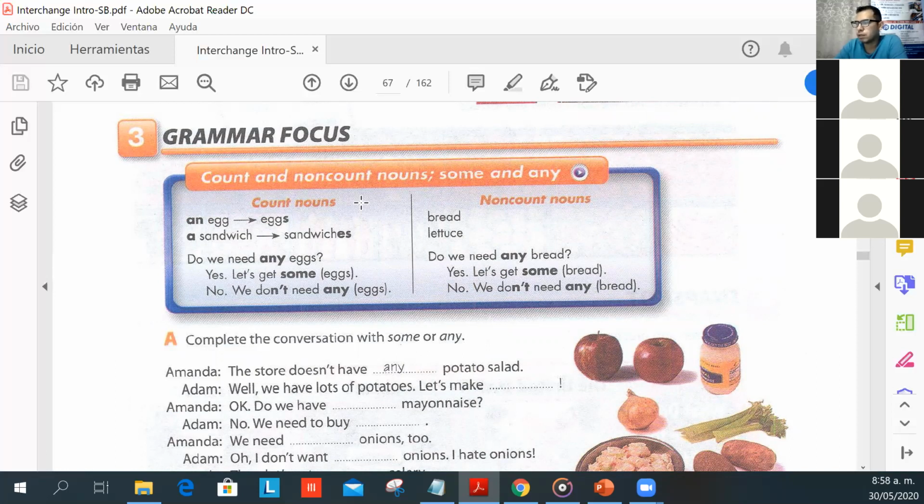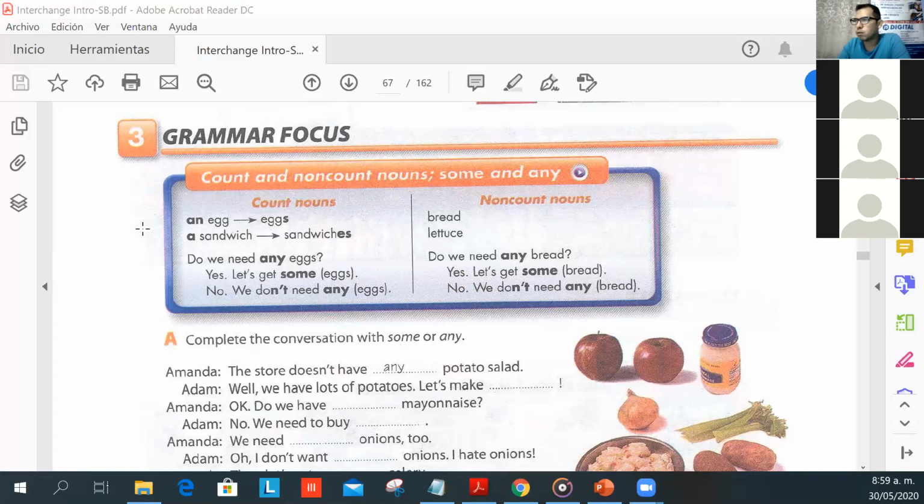In terms of food, we have eggs, for example. Anything you can make plural, it's countable. For example, an egg: you have one egg, then you have 2 eggs, 3 eggs, 100 eggs.